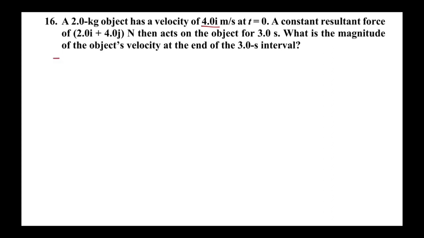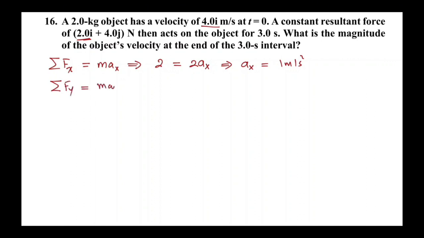So sum of all forces on x equal to max, and in this case here fx is 2, and the mass equal to 2, so 2 equal to 2ax, and ax equal to, in this case, 1 meter per second square, and Fy equal to may.